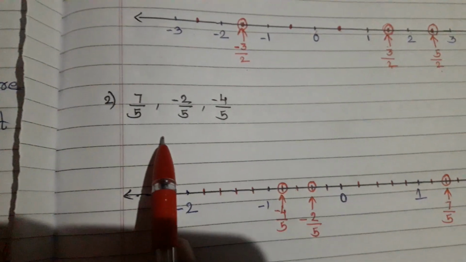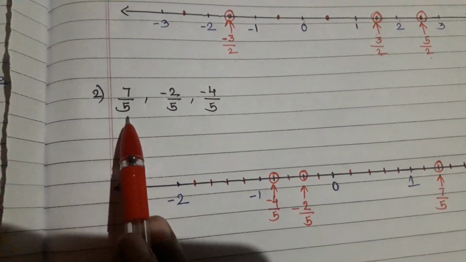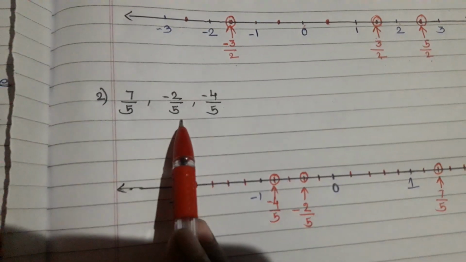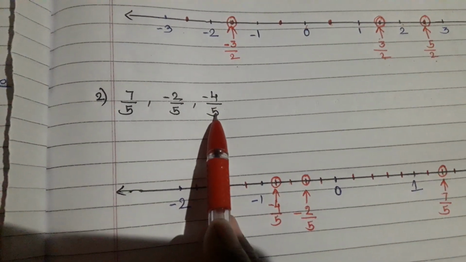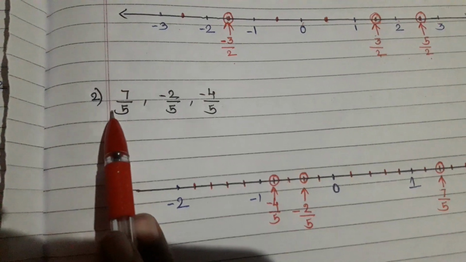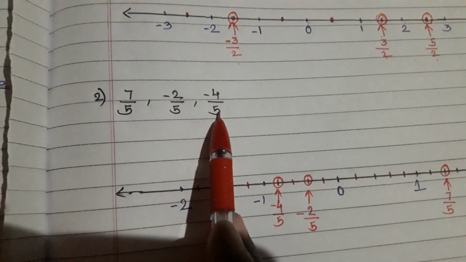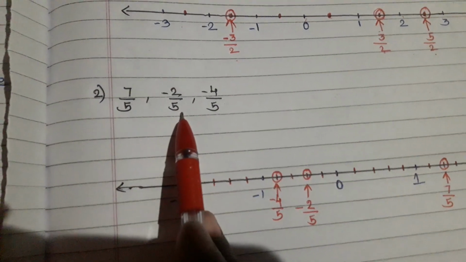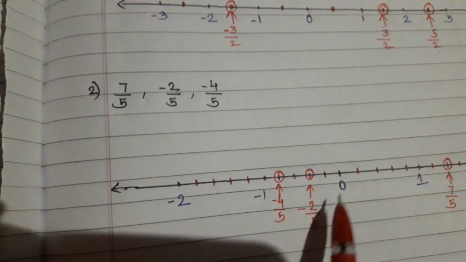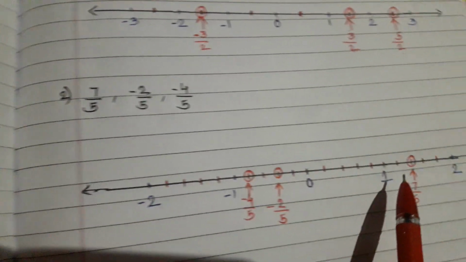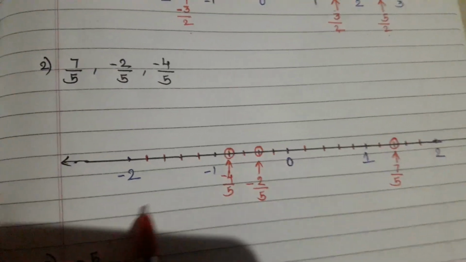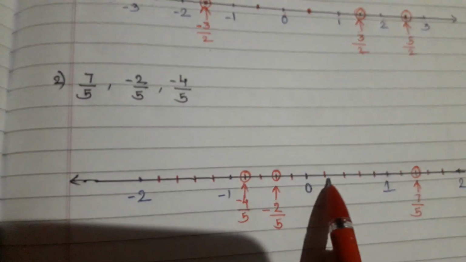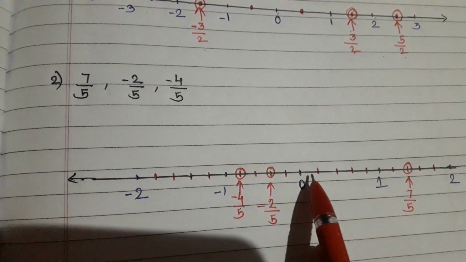Now the second example is 7 upon 5, minus 2 upon 5 and minus 4 upon 5. In this example, first see the denominator, it is 5. That means we have to divide each unit into 5 equal parts. Now see the number line. Here I have divided 0 to 1 into 5 equal parts.